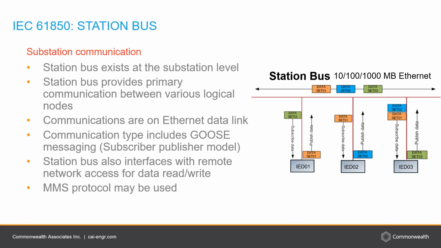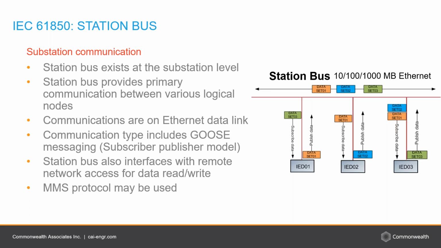In order to explain this model, imagine that IED 01 in the diagram is configured to receive disconnect switch status information, and it has been configured to look into the station bus to find that disconnect switch status information, which is given in dataset 03.